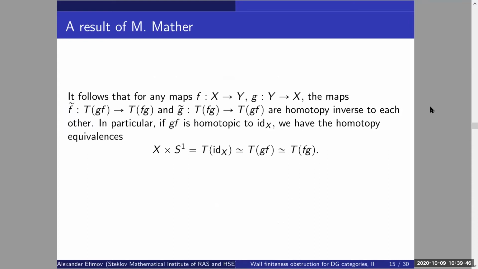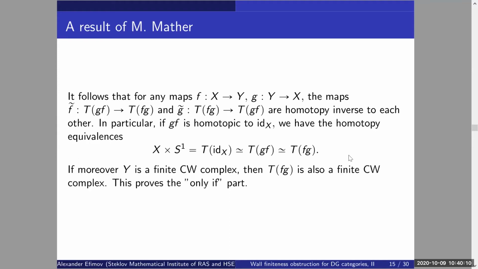In the special case when X is a homotopy retract of Y, so if gf is homotopic to the identity, then we have that this X cross S1, which is literally the mapping torus of the identity map, is homotopy equivalent to the mapping torus of gf, and then homotopy equivalent to the mapping torus of fg.